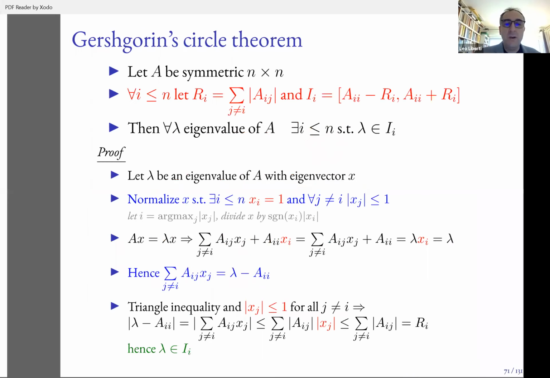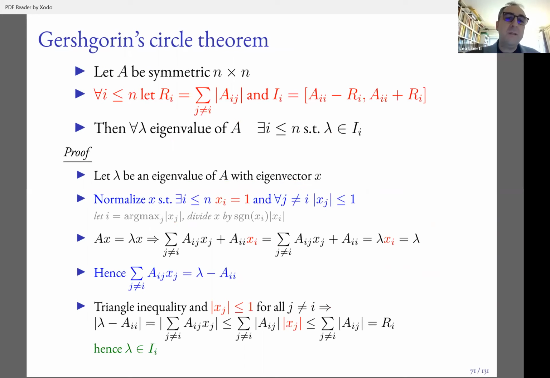So how do we show that diagonally dominant matrices are PSD? The proof goes through an important theorem called Gershgorin's circle theorem. The theorem itself says this: if A is symmetric n by n, and for all i less than or equal to n, you define R_i as the sum of off-diagonal absolute values of entries, then you define the interval I_i as the diagonal entry minus R_i to the diagonal entry plus R_i.